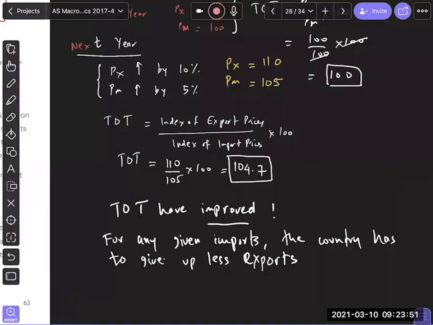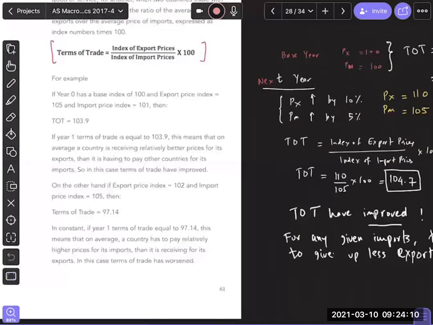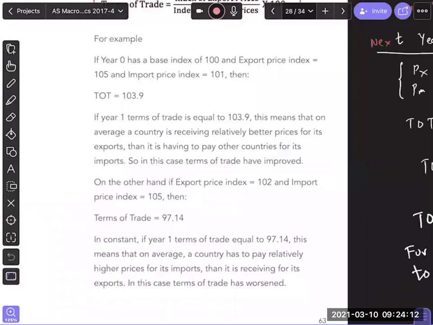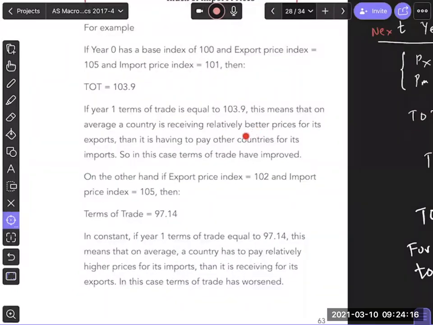So I can argue that their exports are more expensive than their imports, which would mean anytime they export some quantity, they get more imports in terms of other quantity, because imports are not that expensive compared to exports. So when we say terms of trade have improved, this means that a country is receiving relatively better prices for its exports than it has to pay for its imports. So this means terms of trade have improved.